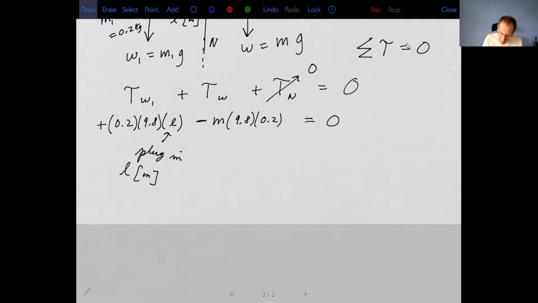And then once you have that, your only unknown for that equation will be M, so you can solve for M. It turns out you're going to find that it's just going to be equal to L, but that's just by luck, based on how our numbers worked out, like the 9.8 and 0.2 are going to cancel. But walk through that and solve that equation for M. That's going to be the predicted mass of your meter stick. Okay, so solving for M will give you the predicted mass of the meter stick. All right, let me go back to the handout.